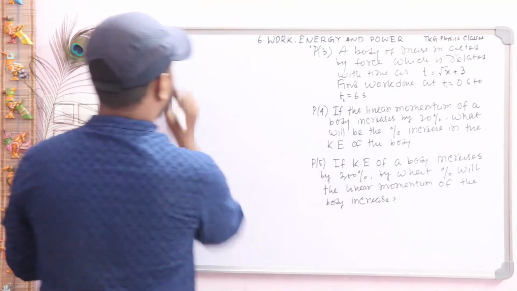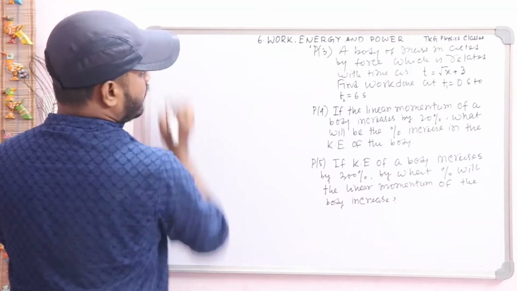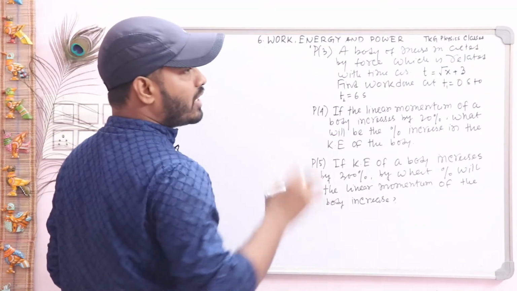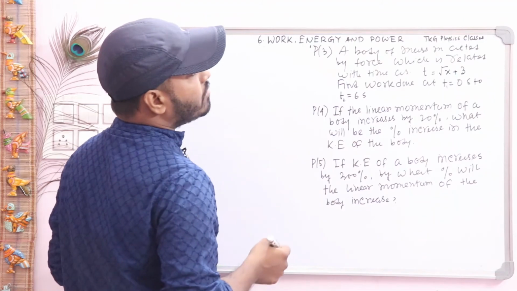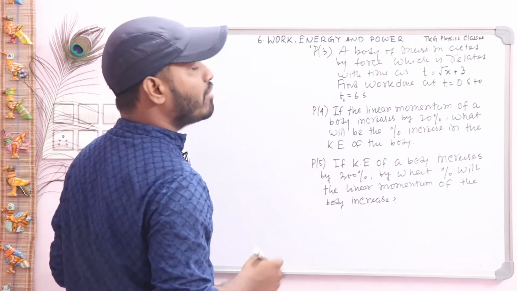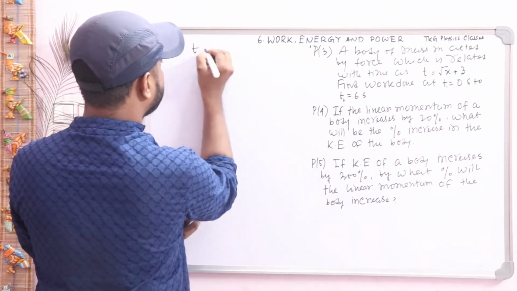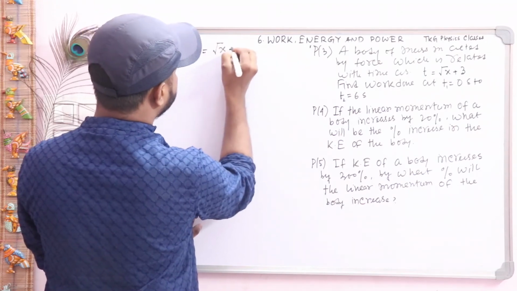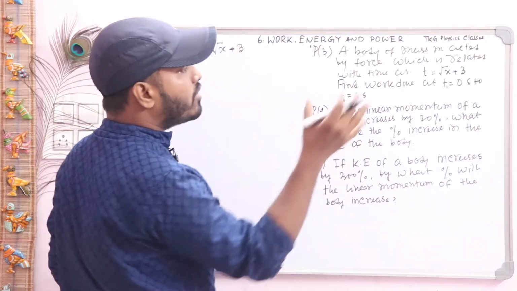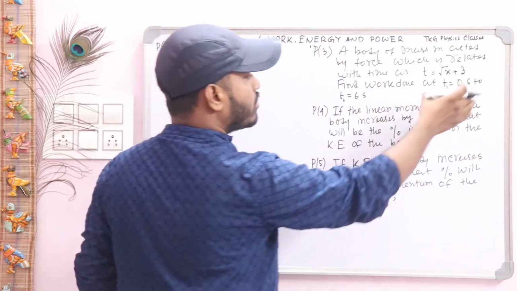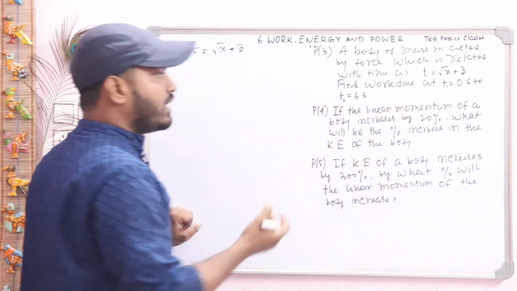See problem 3. In problem 3, a body of mass m, mass is not given, mass m, is acted on by some force which is related to time as t equal to, equation given, t equal to root x plus 3. You have to find out work done at time t1 equal to 0 second to t2 equal to 6 second.